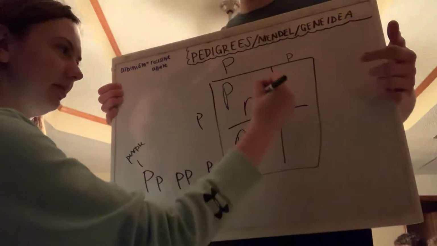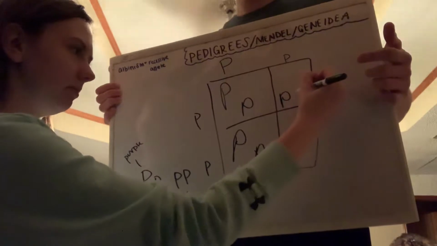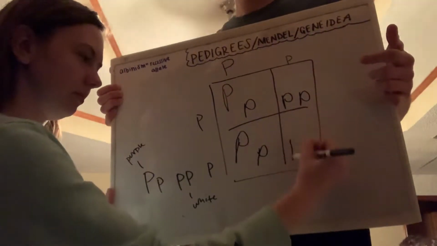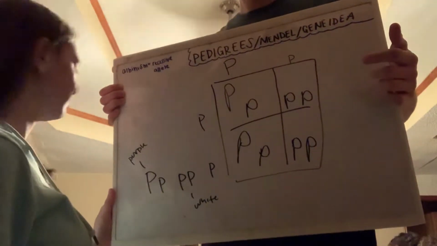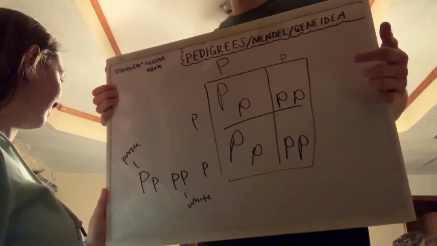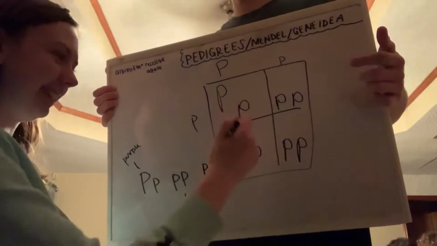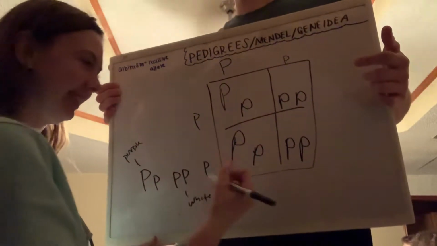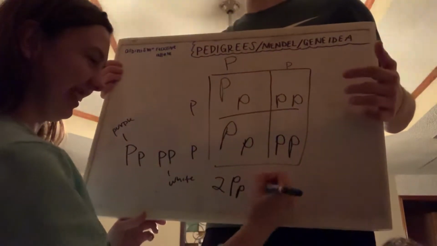When you cross these, which Meg is doing right now, you'll see that your ratio ends up being 3 to 1, where 3 of them have the dominant allele for purple, and 1 has the homozygous recessive alleles for white. I'm sorry, I can't really see the board, so I don't know what part she's on, but that is how it'll turn out.